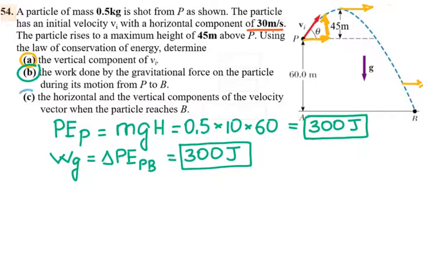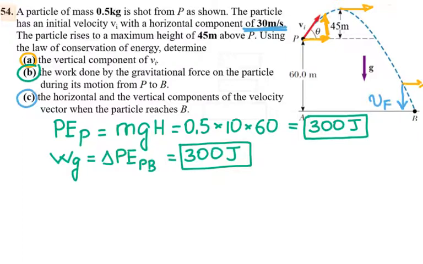And then the last part, the horizontal and vertical components of the velocity vector by the time it hits point B. So the horizontal velocity does not change. Horizontal is still 30 meters per second because that's what they give you. What I need to find out is what the vertical velocity is equal to.